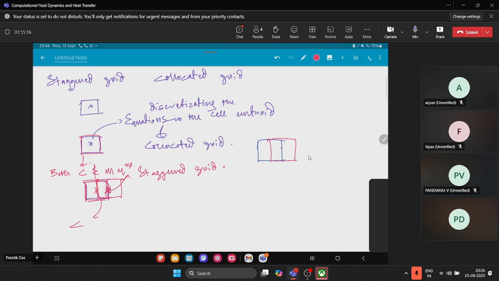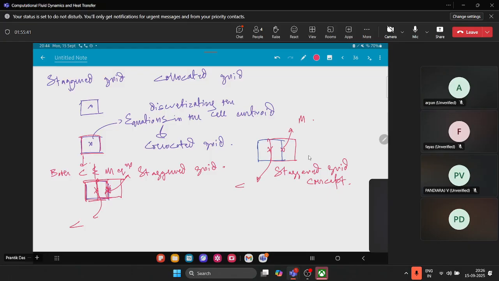The centroid of the shifted cell coincides with the cell face of the previous cell. So this is where the momentum equation is solved, and this is where the continuity equation is solved. This is basically the staggered grid concept. Is it clear to you?